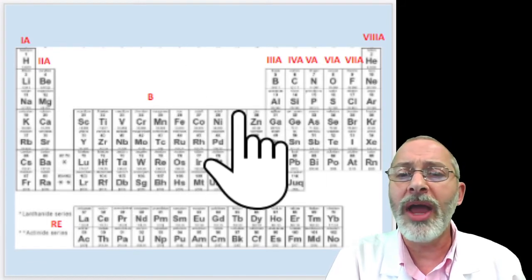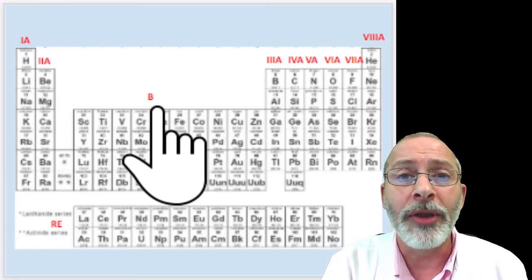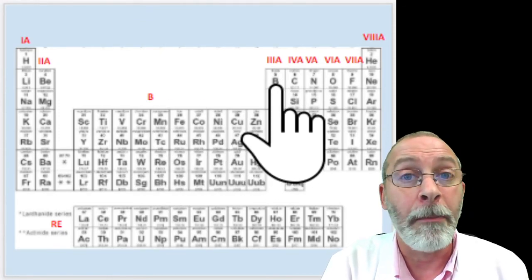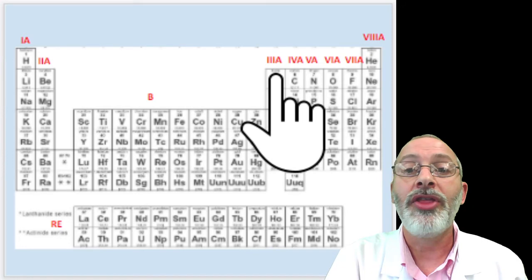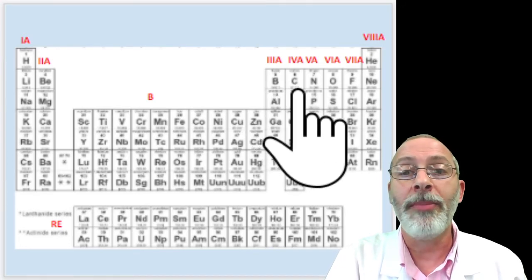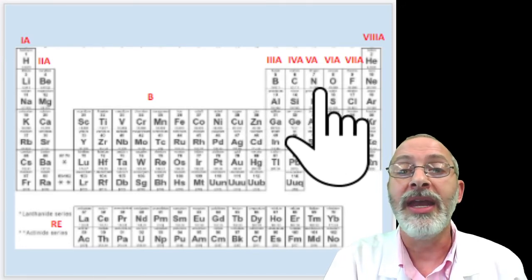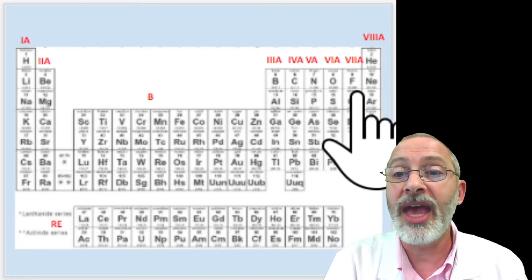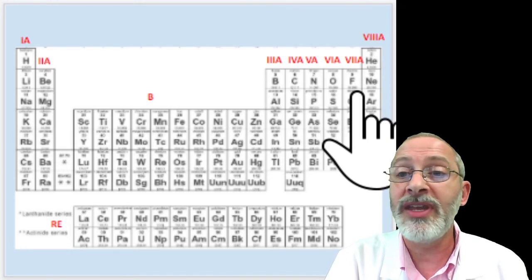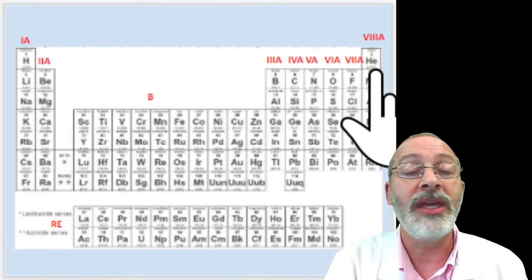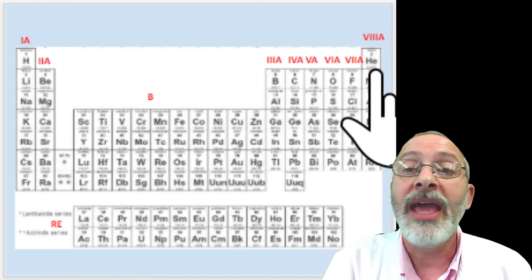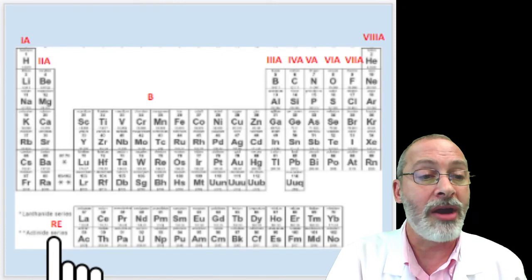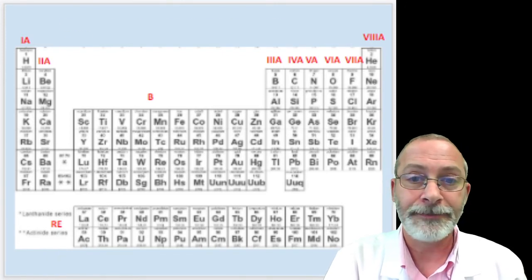All of these lower elements we're going to label B. They're part of the B team for now. Then over to the B, which stands for boron, we have group 3A, carbon, 4A, nitrogen, 5A, oxygen, 6A, fluorine, 7A, and at the top of the helium, you should write 8A. And then down on the bottom, we've got RE for the rare earth elements.